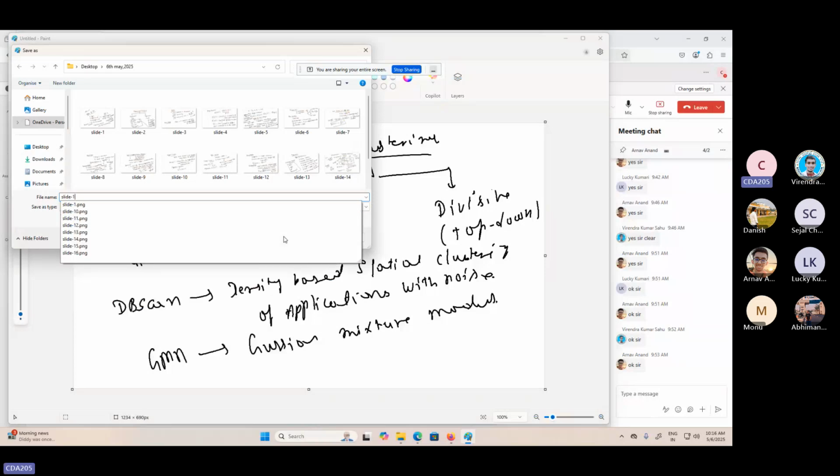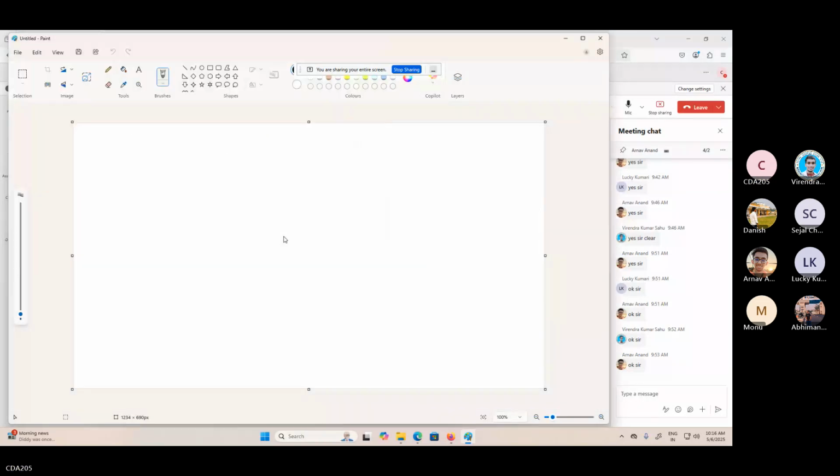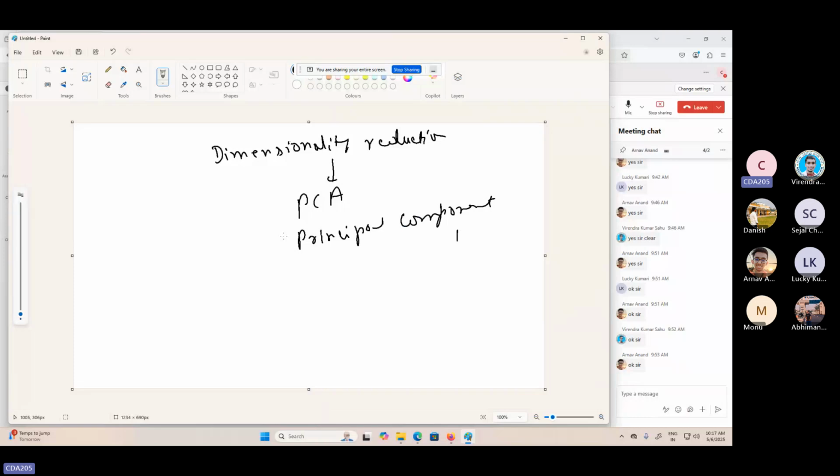Next we have dimensionality reduction. In this we have seen PCA, principal component analysis.